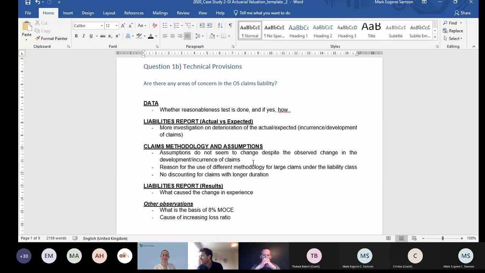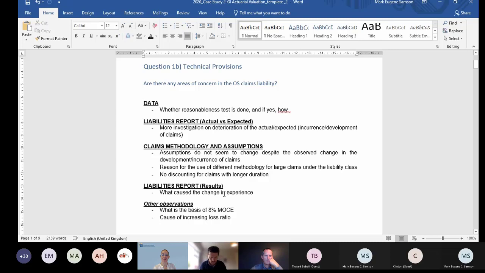For the claims methodology and assumptions, we noted that the assumptions used were not changed despite the observed change in the development or incurrence of claims. For the liability class, we noted that a different methodology is used, so we want it to be justified. And for claims with longer duration, no discounting is mentioned in the case.